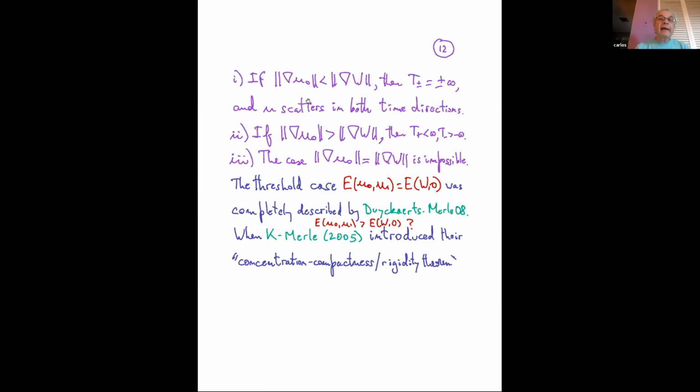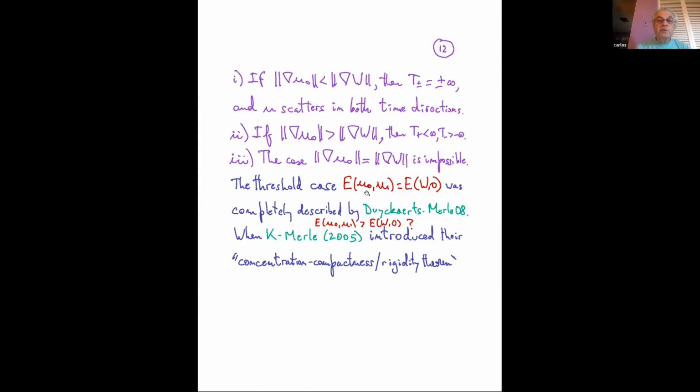If, on the other hand, you start with L2 norm bigger than the norm of W, then you cease to exist in finite time in both time directions. And finally, of course, there's the option that the gradient be equal, but the constraint that the energy be smaller than the energy of W makes this impossible by variational considerations.